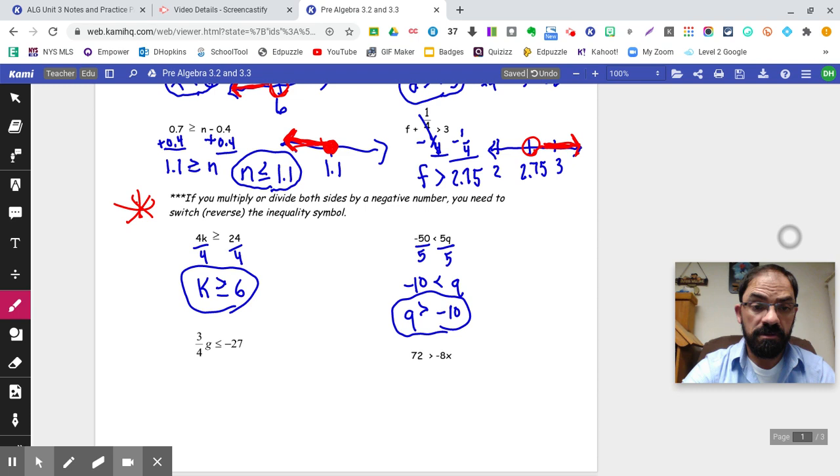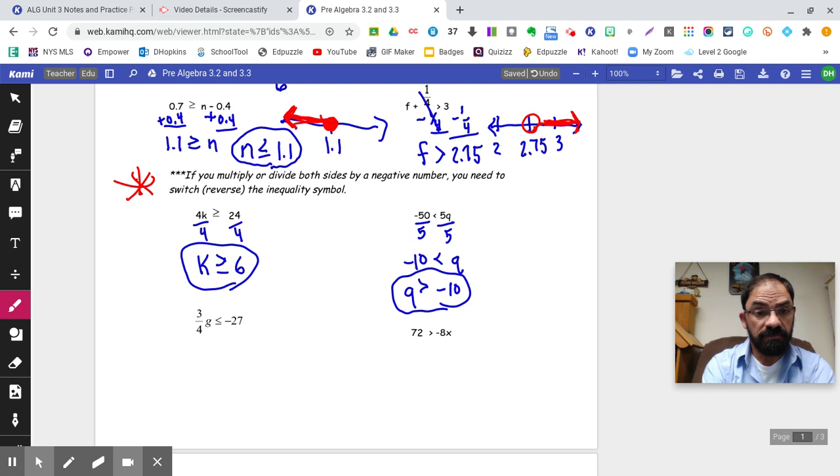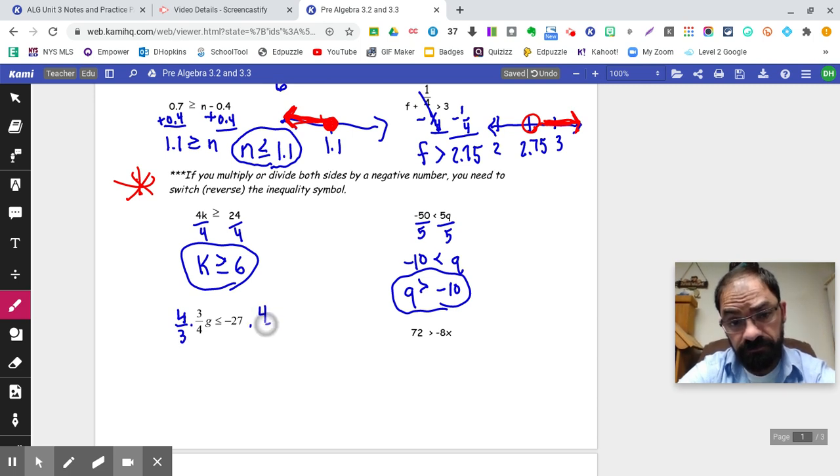Okay, this next one. To get g by itself, divide both sides by 3/4 because it's being multiplied. But when I divide by a fraction, it's the same as when I multiply by its reciprocal. So they would reduce diagonally.